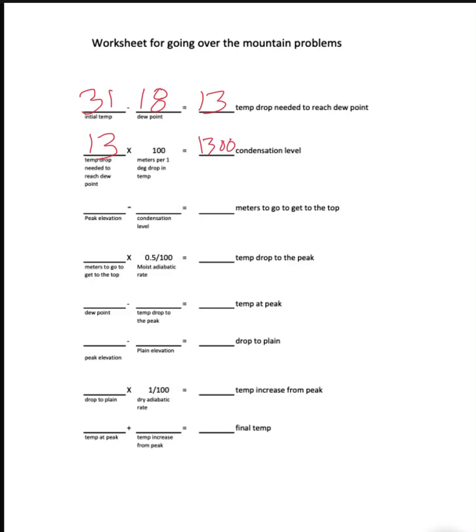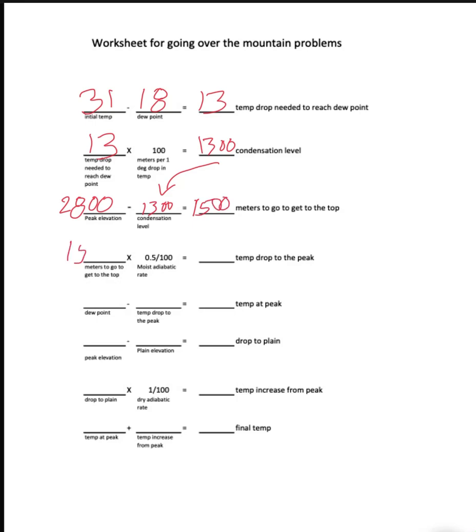Now, let's say the peak of the mountain is 2800 meters, and our condensation level is 1300. So that means we have another 1500 meters to go to get to the top.